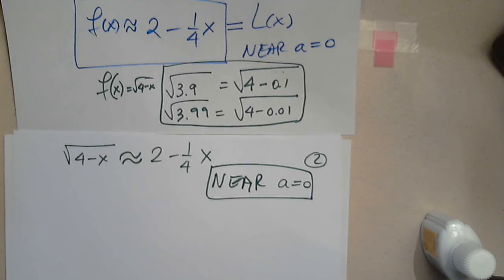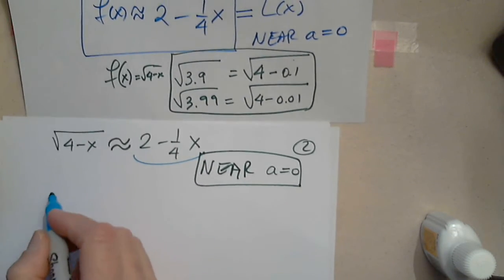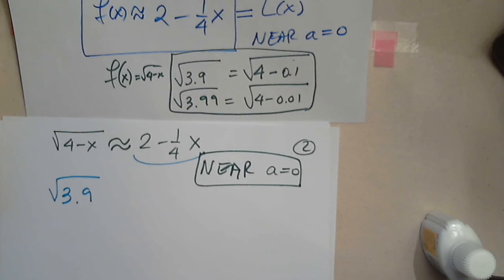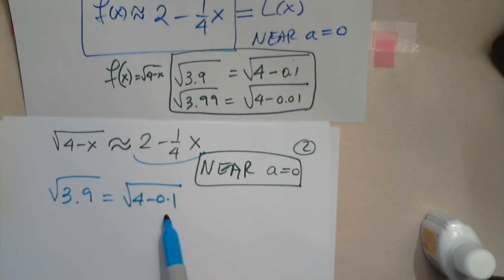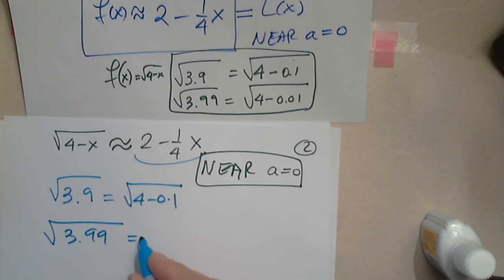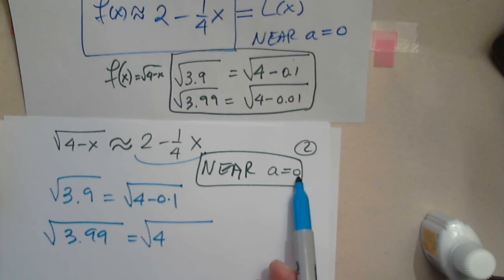So therefore, when you ask me to use this to approximate the square root of 3.9, you're really telling me this. That makes sense. You are telling me that x is 0.1. When you want me to approximate 3.99, you're really telling me, because it has to be near 0, you are saying this.